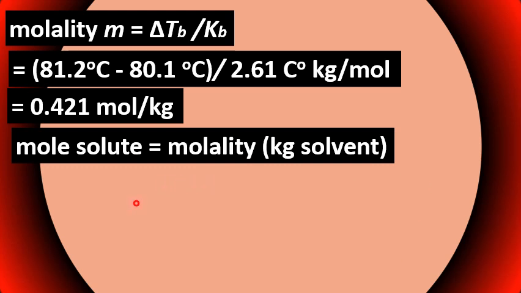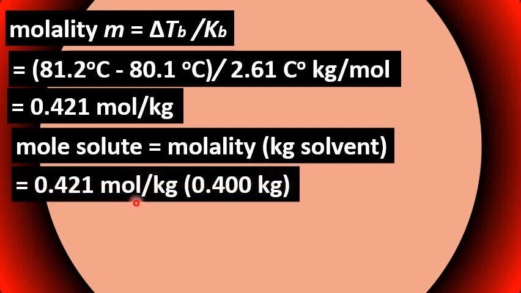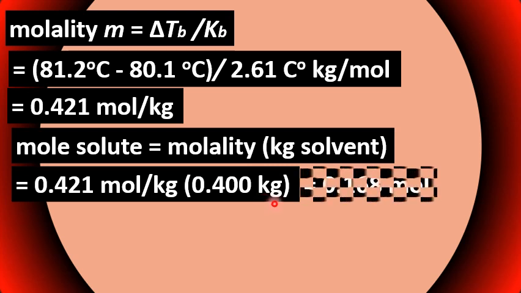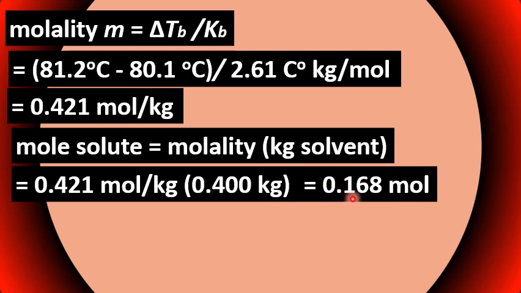That is 0.421 moles per kilogram times 0.400 kilogram. And that is equal to 0.168 moles. This is the number of moles of the solute.